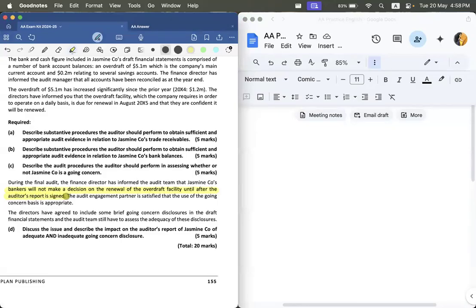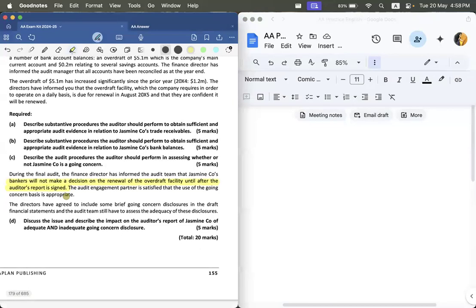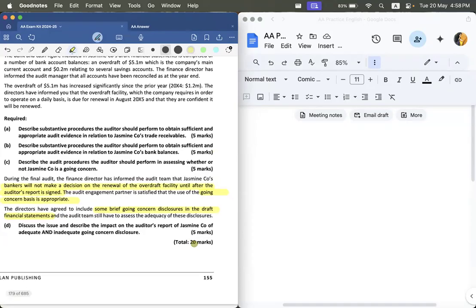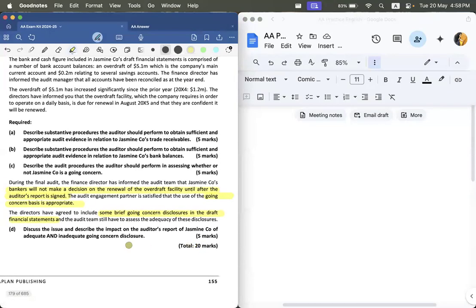The audit engagement partner is satisfied that use of the going concern basis is appropriate. The directors have agreed to include some brief going concern disclosures in the draft financial statements, and the audit team will have to assess the adequacy of these disclosures. So they're asking you to discuss the issue and describe the impact on the auditor's report if it is adequate and if it is inadequate.